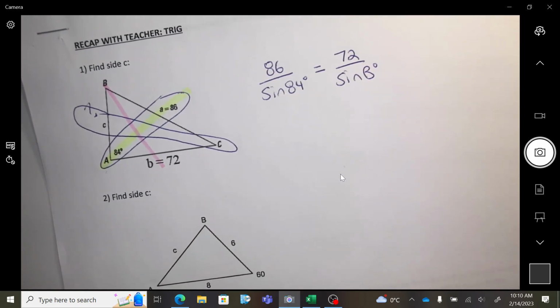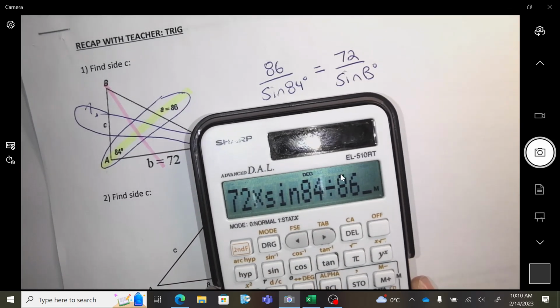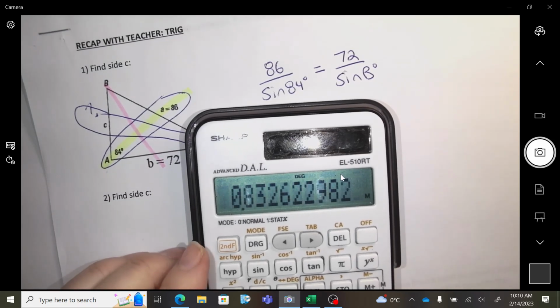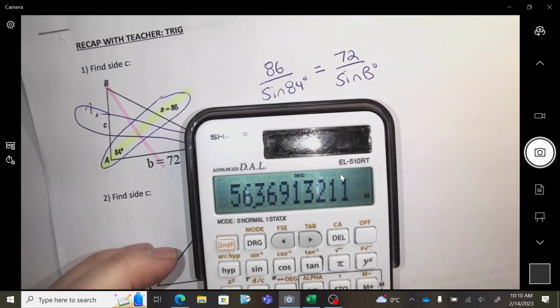Times divide, sine inverse. Make sure you're in degree mode. I'll try to remind you on your test date. Times divide, second sine.